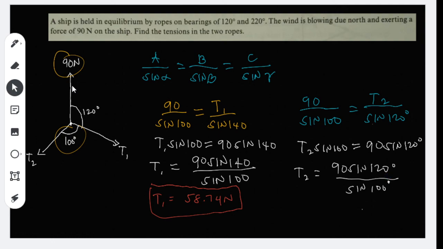Use your calculator to compute: 90 sine 120 divided by sine 100. We will have around 79.14 Newton in 2 decimal places.